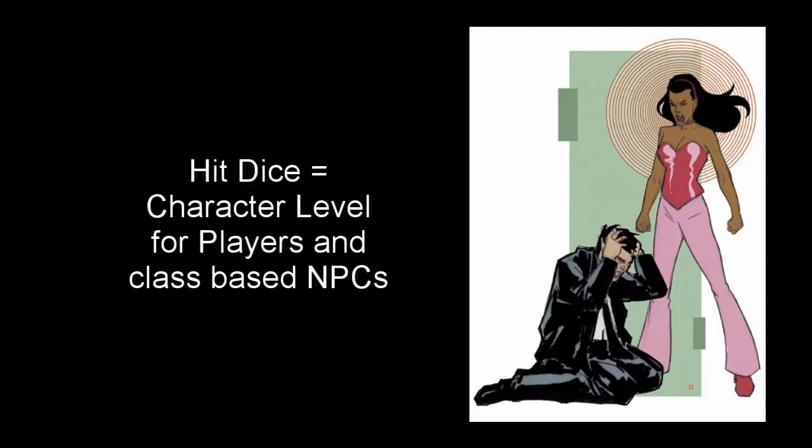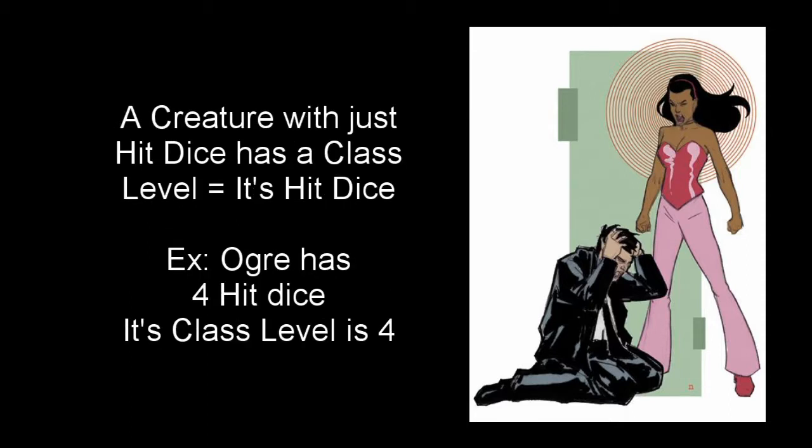Now, hit dice is a term that might come up. Hit dice and character levels are kind of used synonymously. Your character levels are equivalent to your hit dice. You get a hit dice for each character level, and so therefore they are equal. If we're talking about creatures, then it's a little different. If a creature has no actual class levels and only has hit dice, then its character level is equal to its hit dice.